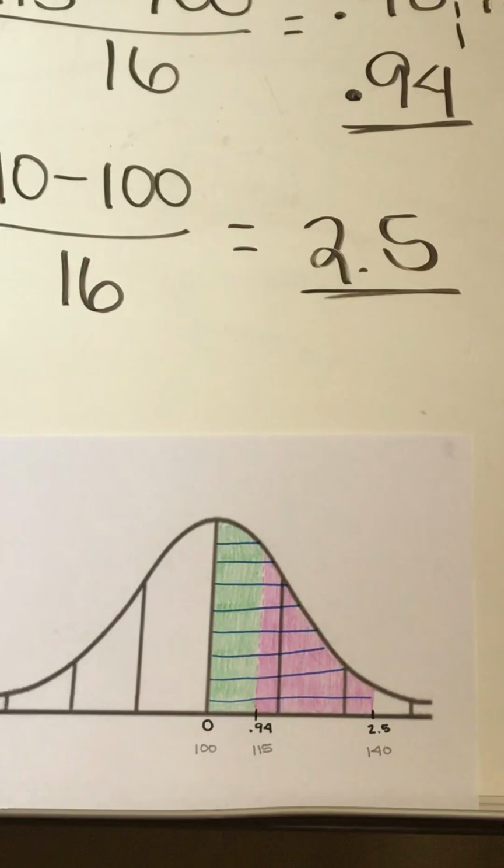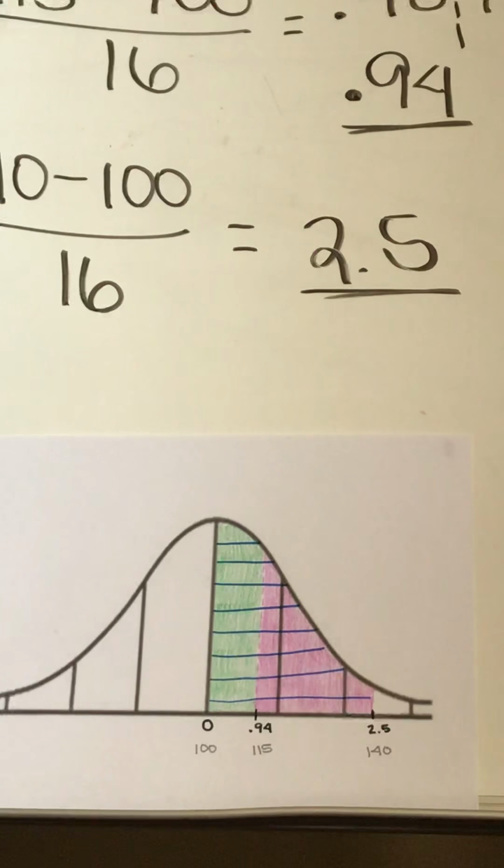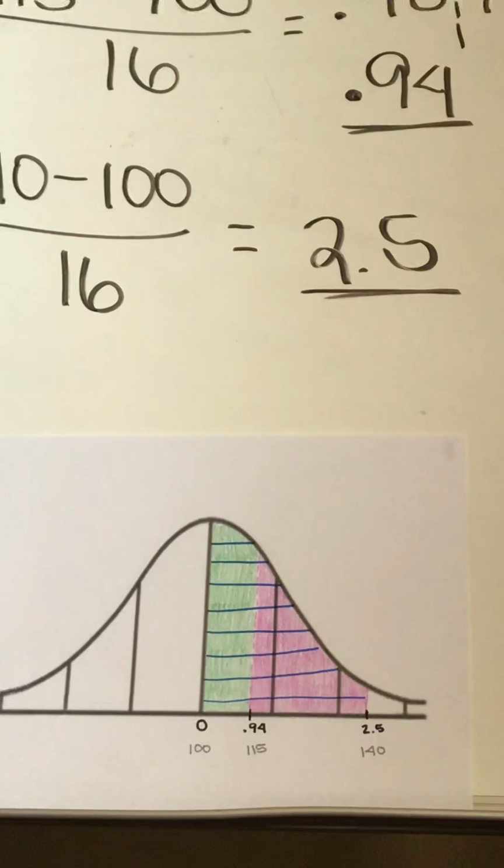Now, I want you to make sure you understand this point of what I'm trying to show. I need to know what's in purple, but that measurement is not directly on the chart. But I do know on the chart, I can find the measurement between mean and z of 2.5.